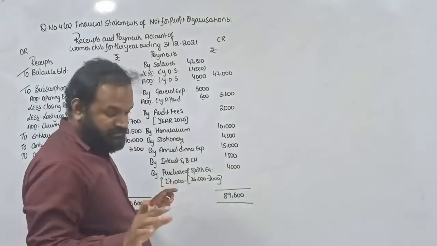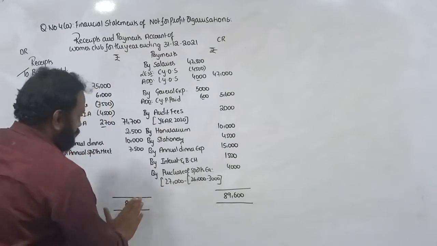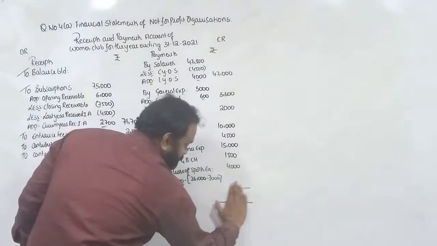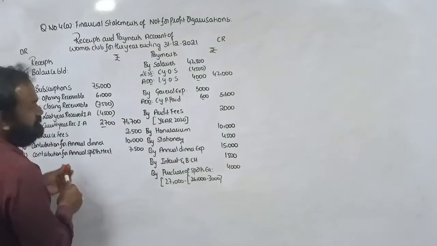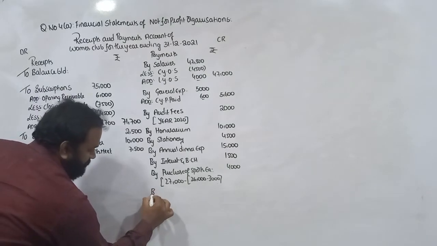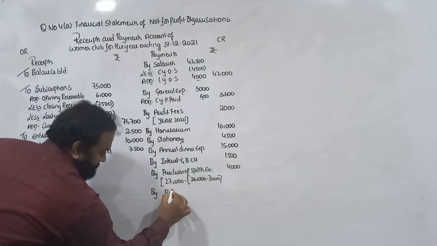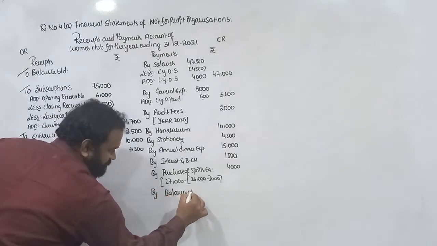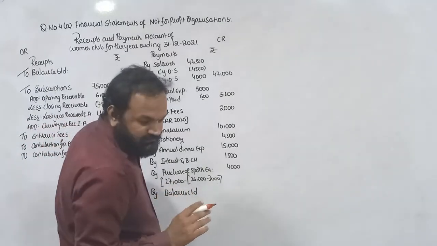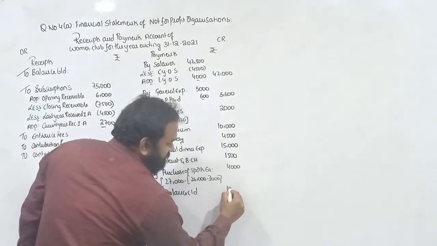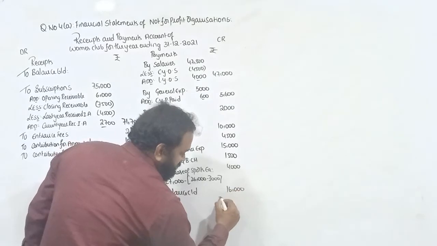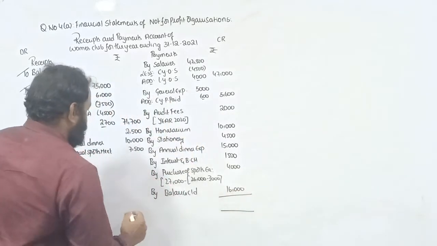Okay, sorry. I'm extremely sorry. I was not able to consider one item. See, closing balance is given by the last point, balance carried down. They said closing balance was 16,000.